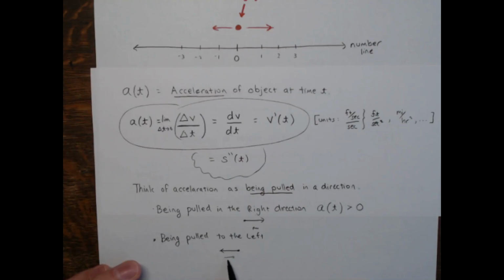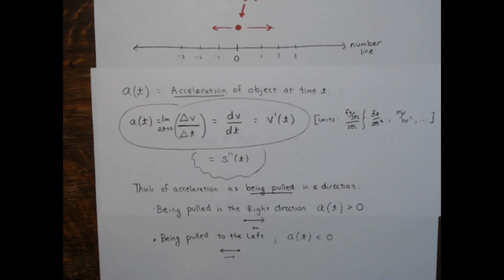But this force is pushing me so that I eventually move left, that means I'm going from a positive velocity to a negative velocity. So velocity is decreasing. And if velocity is decreasing, that means the derivative of velocity would be negative. So acceleration is negative in these cases when you're being pulled to the left. There's some force pulling you toward the left direction on the number line.